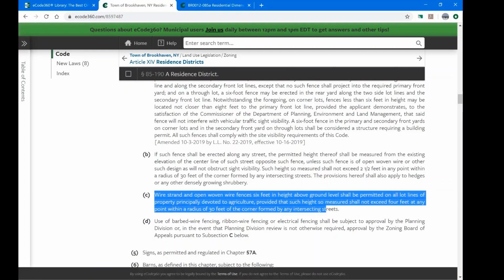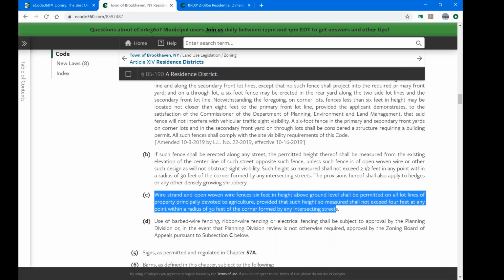Wire strands and woven wire fence 6 feet in height are permitted on all lot lines as long as they don't exceed 4 feet at the radius from the corner of intersecting streets. So what they're saying with this is that if you have a corner lot, you have to make sure that your fence does not obstruct the view from people trying to drive around those corners. So there are restrictions there.